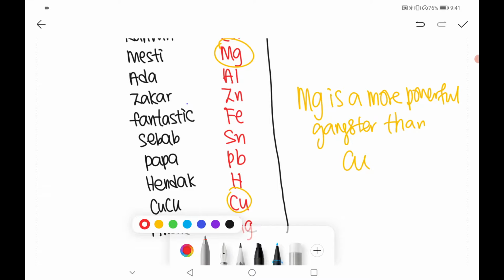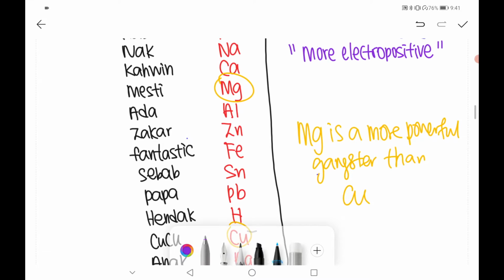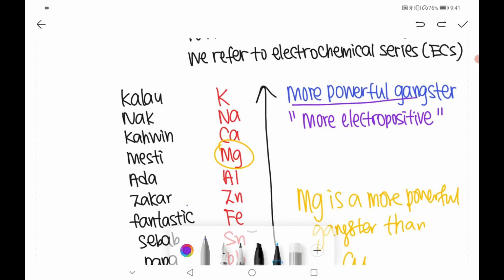But in the exam, you cannot write the word gangster, because they don't know what you mean by gangster. In the exam, you use this word: more powerful gangster means more electropositive. I repeat, we will use the word more electropositive in SPM.